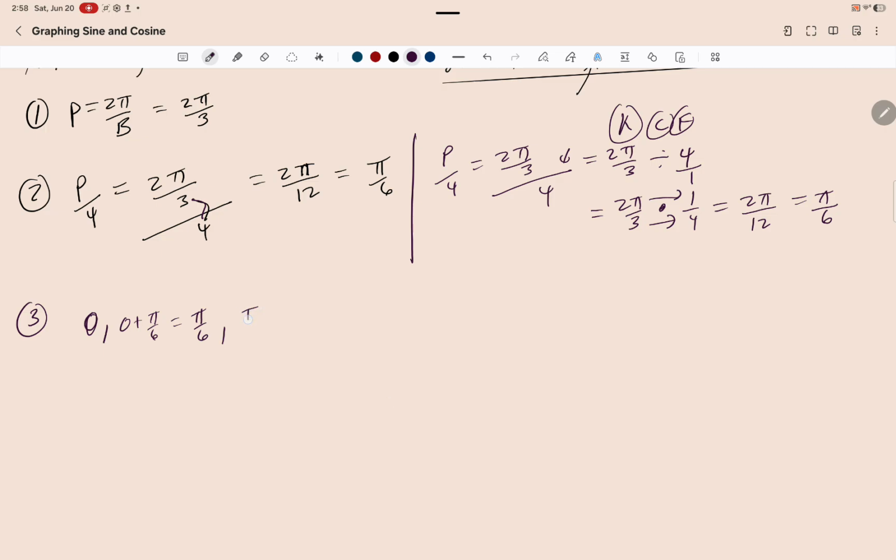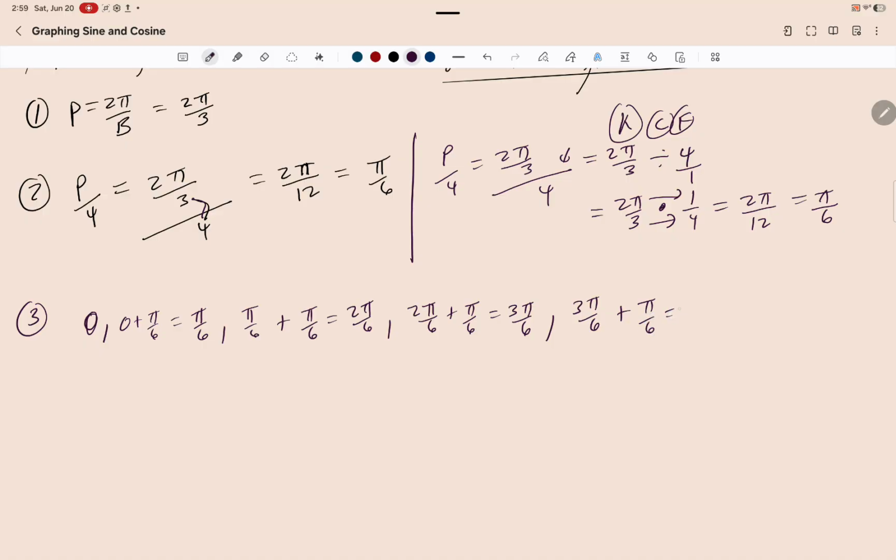Then at pi over 6, I'm going to add another pi over 6, which gives us 2 pi over 6. And then I'm going to add another pi over 6, which gives us 3 pi over 6. And then finally, I'm going to take the 3 pi over 6 and add another pi over 6, which is going to give us 4 pi over 6.